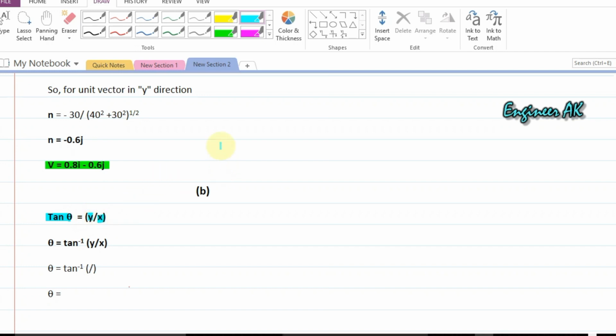If I draw a simple diagram with the y-axis and the x-axis, tan theta is equal to y by x, and if I bring the tan to the other side, it becomes tan inverse.